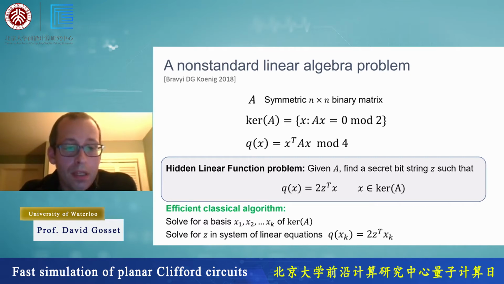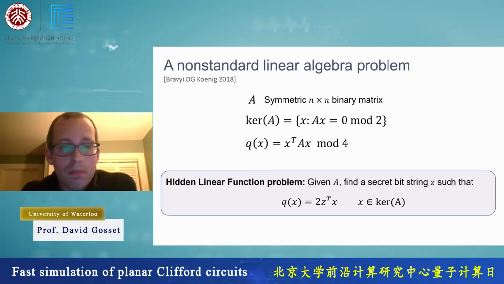Then, for every basis vector, you plug it into this formula, Q of x equals 2z transpose x, and each one of those equations is an equation for z. So now you get a system of linear equations for z, so then you do linear algebra again and solve for z. So you have to do 2 linear algebra tasks in sequence to use this algorithm, but it will run in polynomial time on a classical computer.